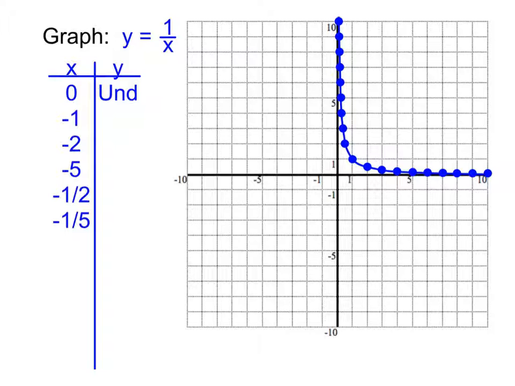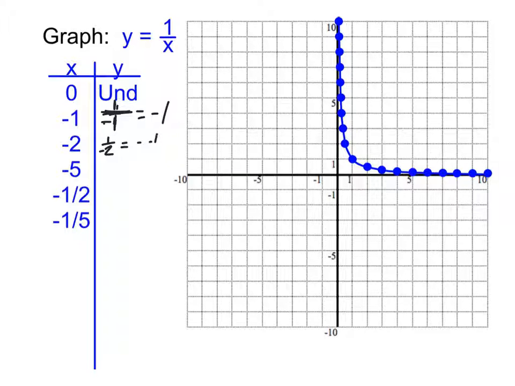Well, if I do 1 over -1, what's 1 divided by -1? It'd be -1. What would 1 over a -2 be?